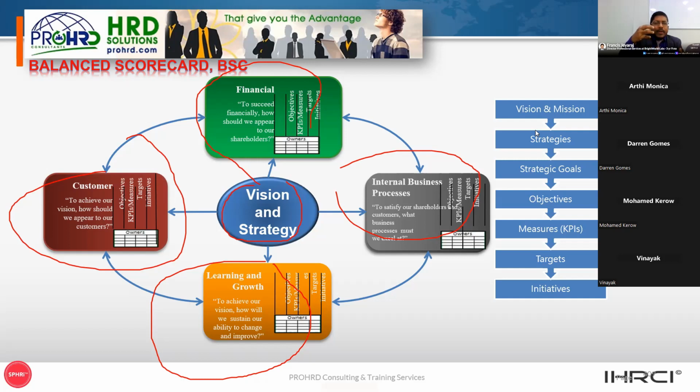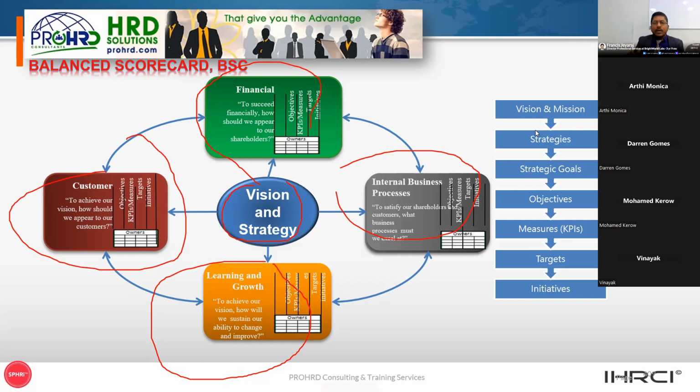Every perspective is given proper metrics and objectives, and then you analyze how far you are able to achieve the set target. Achievement of the objective in each perspective makes it possible to achieve the objective in the next higher perspective. For example, in the financial perspective, our objective may be achieving a profit margin increase of 2% and reducing inventory. You have a target, and then you come out with the objective and the initiatives to achieve that target.